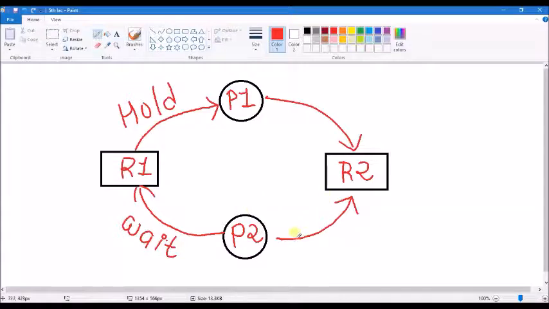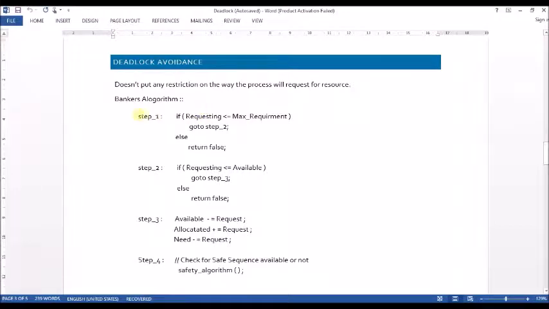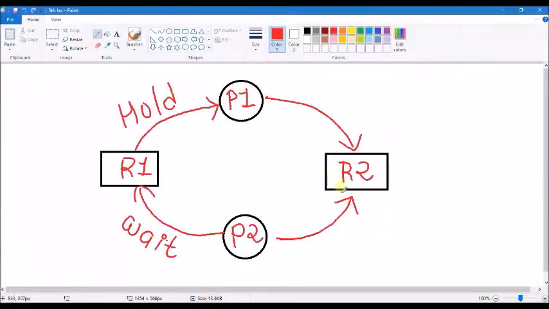Now we apply Banker's algorithm and check whether this request is valid or not. The validity of the request is checked in the first two steps of Banker's algorithm. If we find that this request is valid, then we allocate resource R2 to process P2.